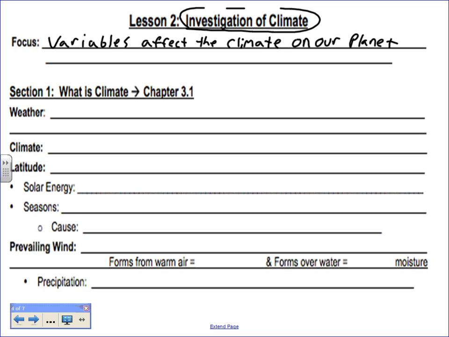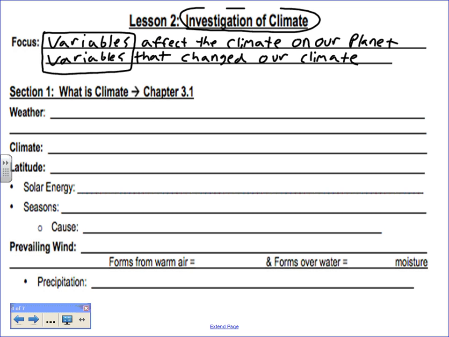We're also going to focus on variables that have changed our climate. So this is definitely going to be an investigation of climate and the variables that affect it.